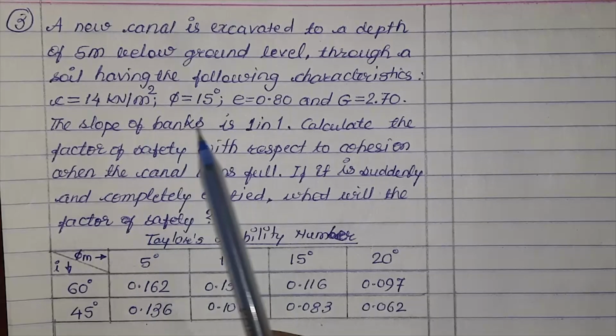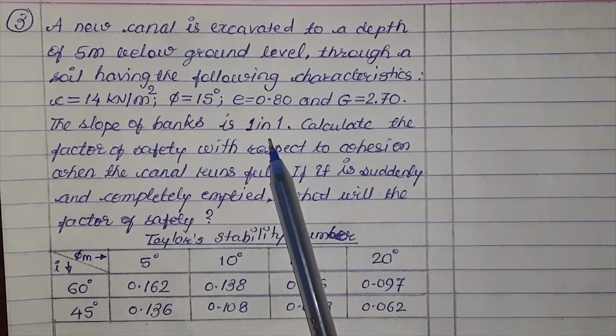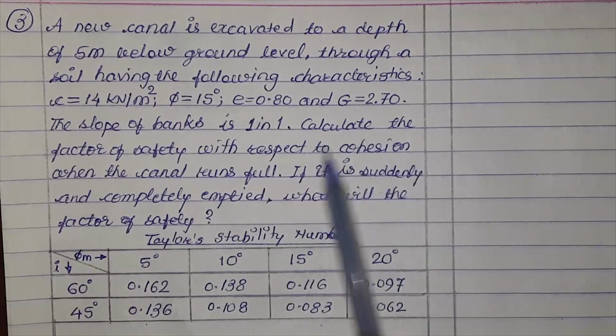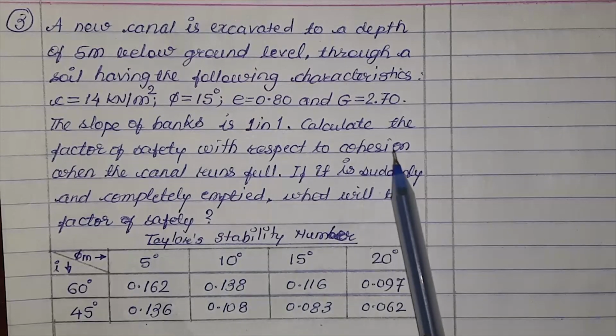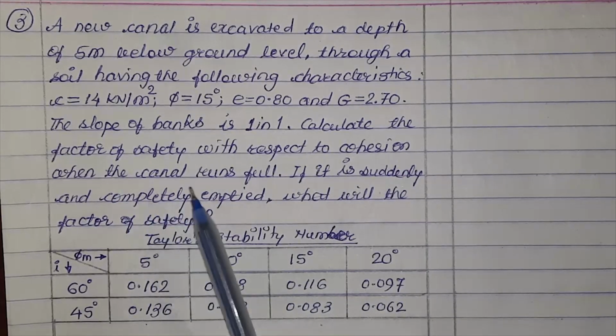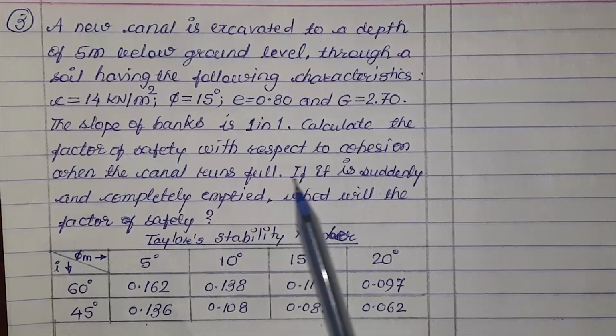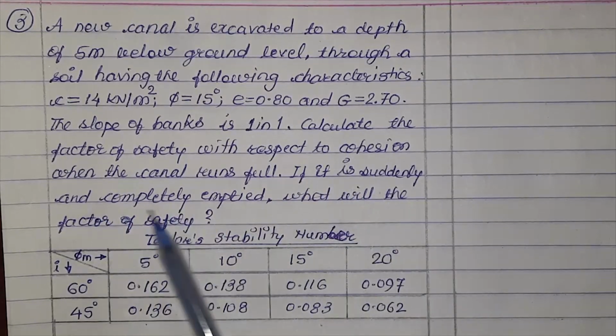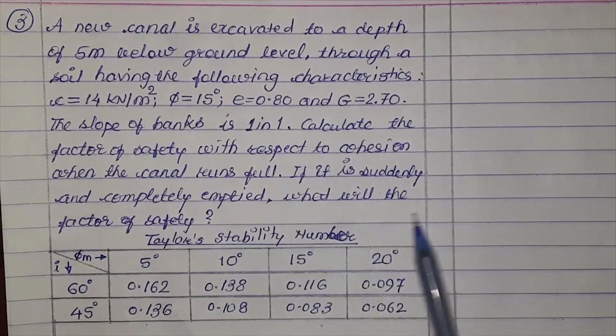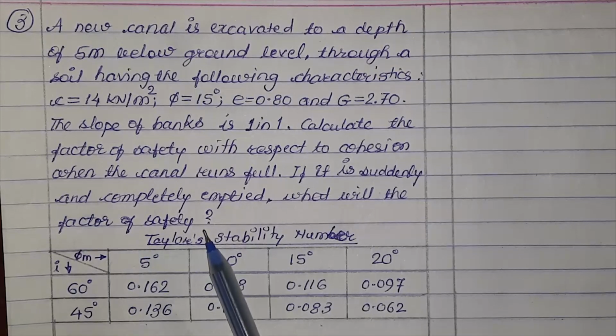The slope of banks is 1 in 1. Calculate the factor of safety with respect to cohesion when the canal runs full. If it is suddenly and completely emptied, what will be the factor of safety?